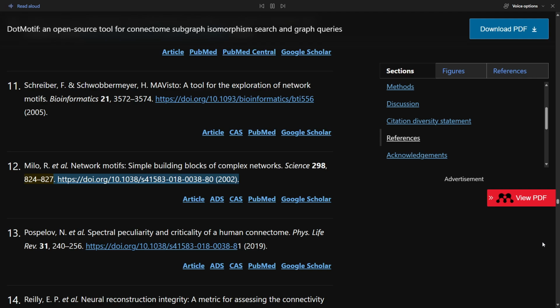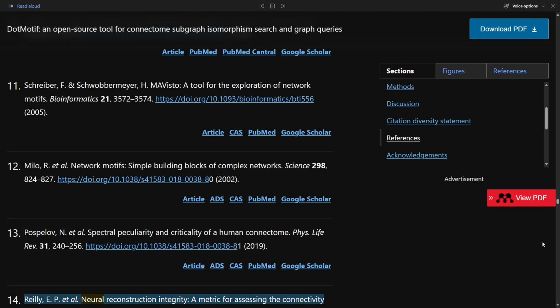Science 298, 824 to 827, 2002. Pospelov N. et al. Spectral peculiarity and criticality of a human connectome. Phys. Life Rev. 31, 240 to 256, 2019.